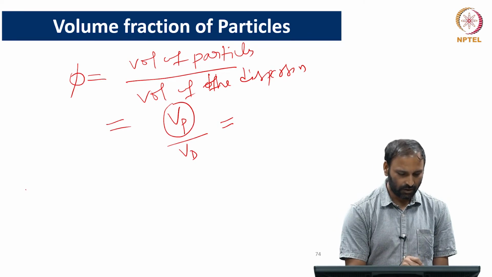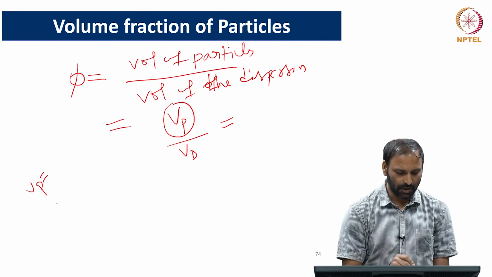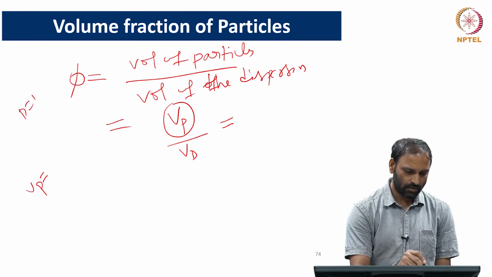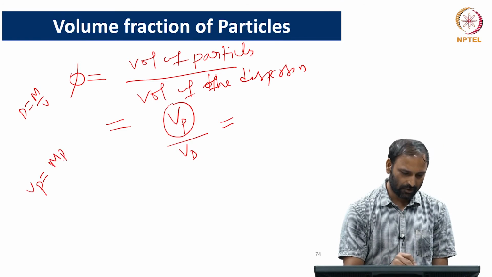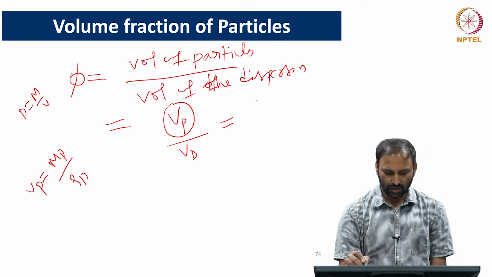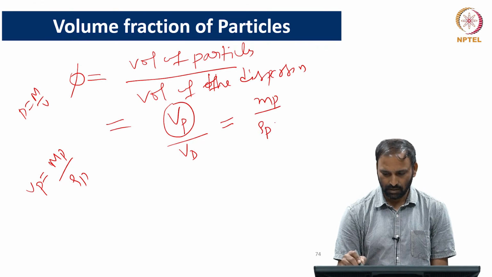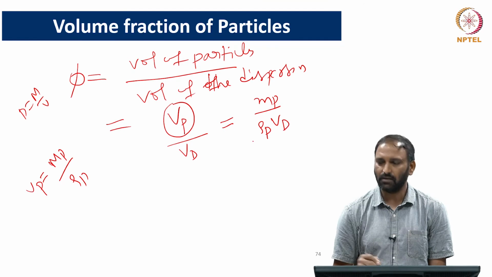I can convert this. Your Vp is going to be the mass of the particle divided by the density of the particle, so phi is the mass of the particle divided by the density of the particle, divided by Vd.